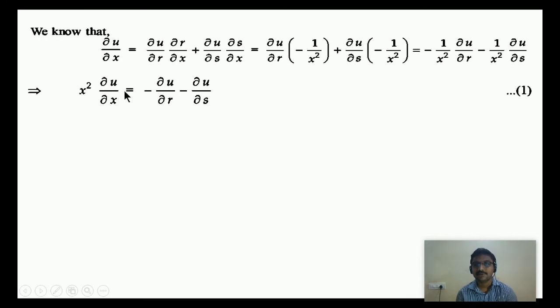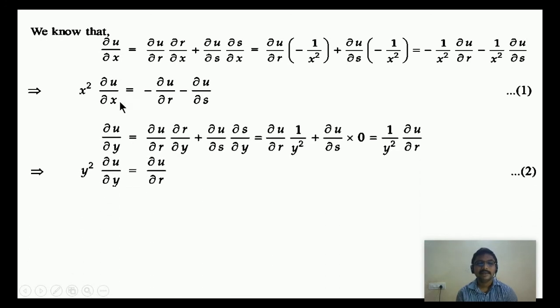Let it be equation 1. Similarly, the ∂u/∂y value is obtained using the chain rule and substituting the above values: we will have 1 by y square into ∂u/∂r. Multiplying on both sides with y square, we will have y square ∂u/∂y is ∂u/∂r. Let it be equation 2.